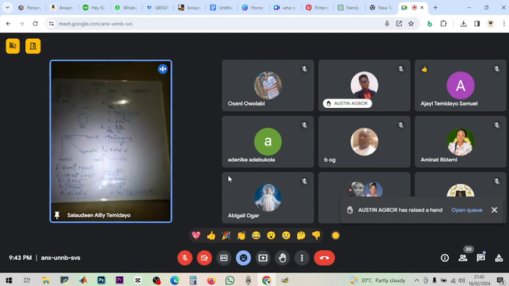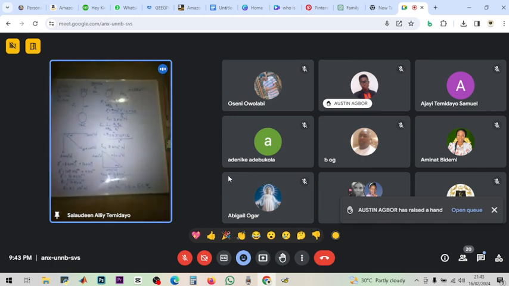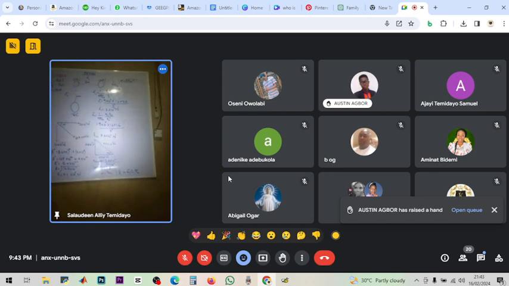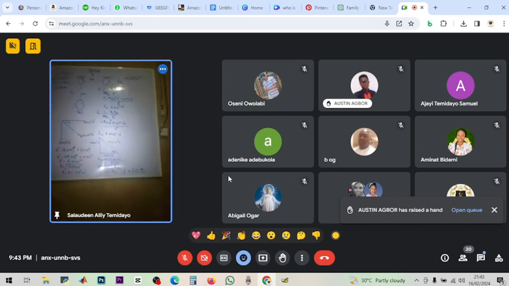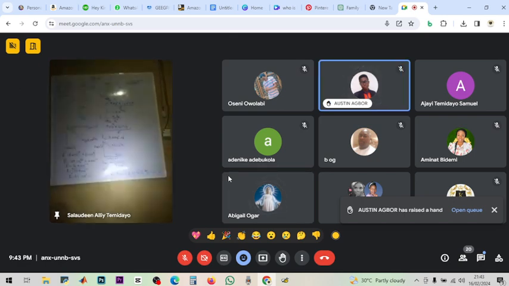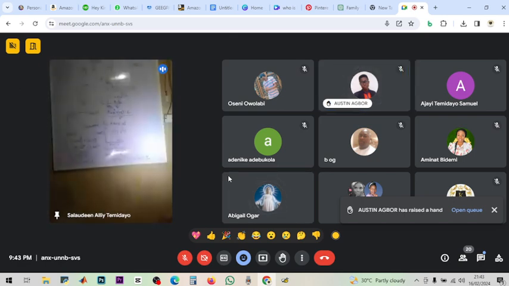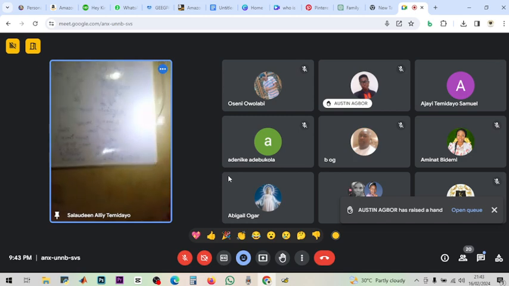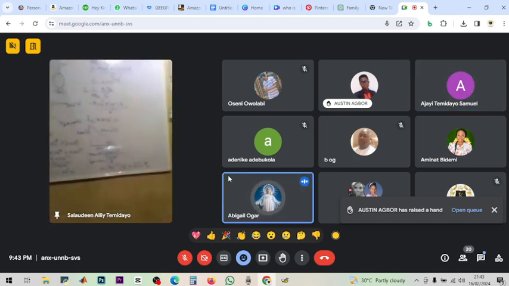Is it the light or the explanation? Are you really seeing this? It's too blurry. You're not seeing. Carry that torch away first.